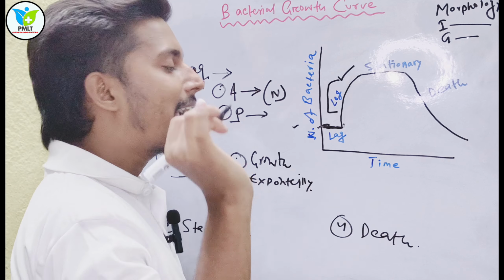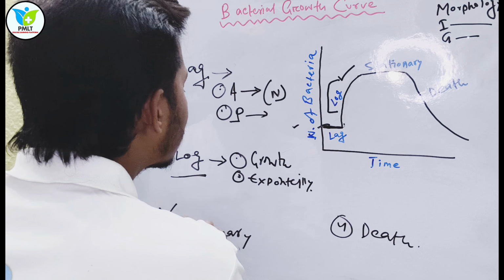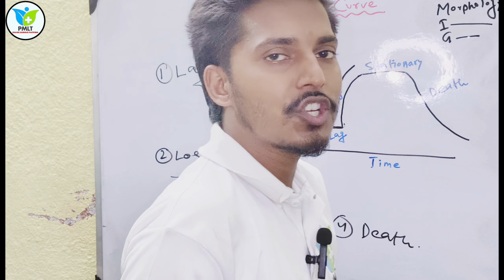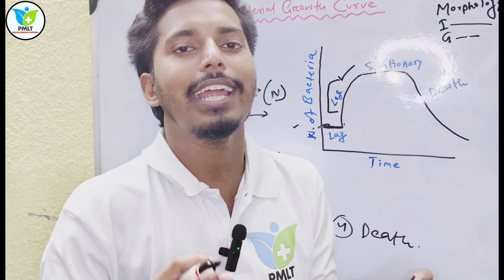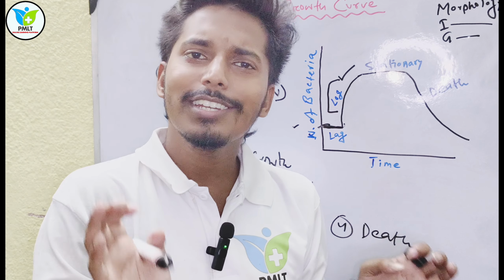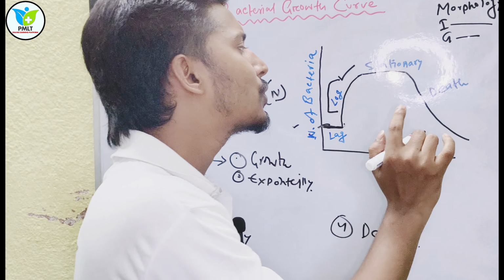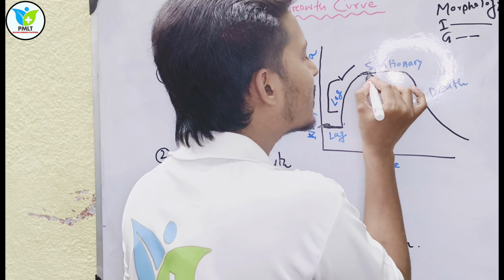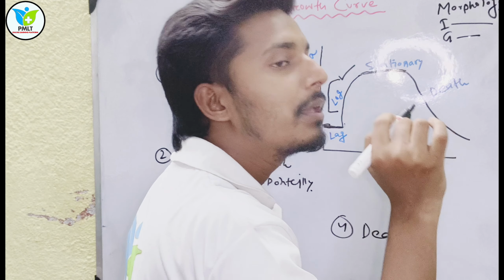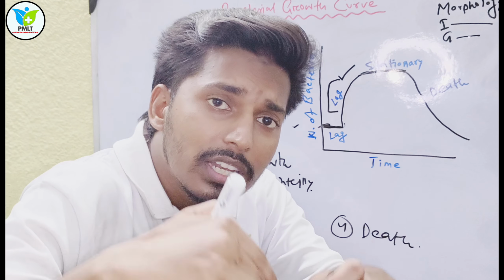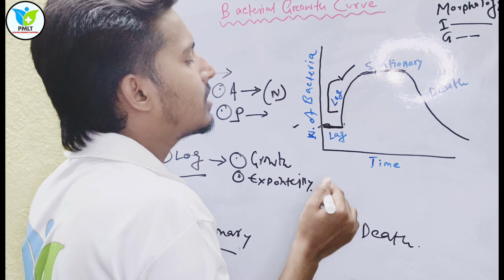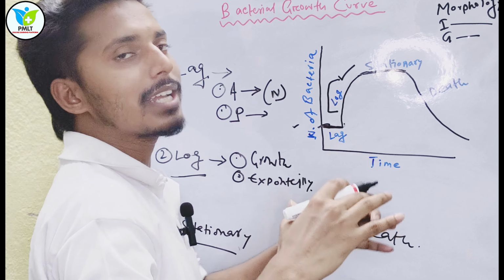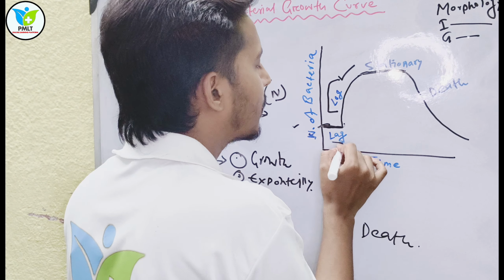Understood? After that, see here, that is the stationary phase. When you notice a station at a train station, it is not moving, right? The train is moving, but the station is not moving. Here also, in the stationary phase, bacterial growth stops, but they are not decreasing. Bacteria accumulate the required ingredients in the lag phase.